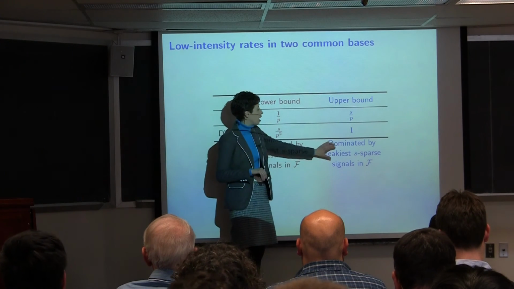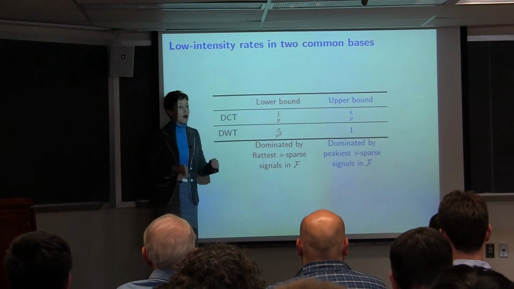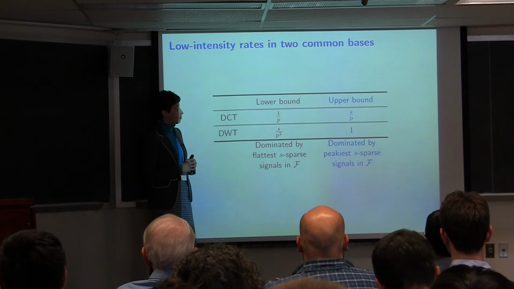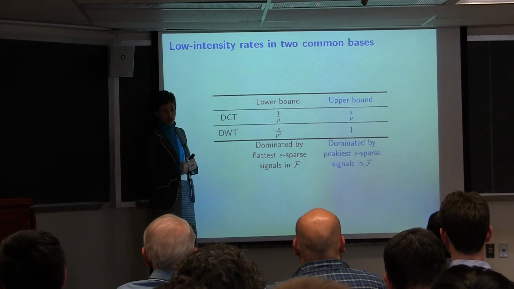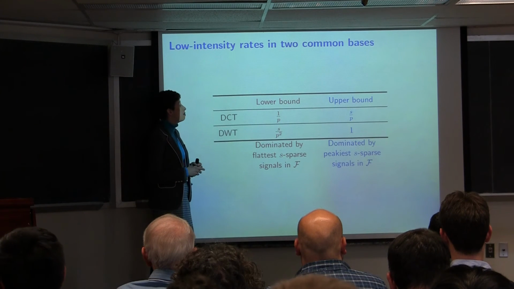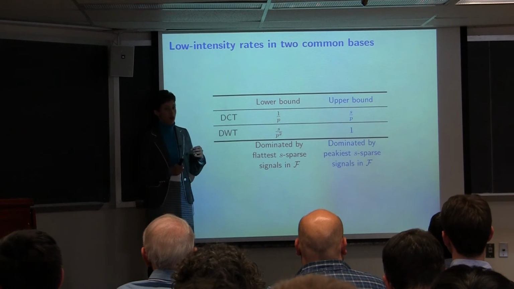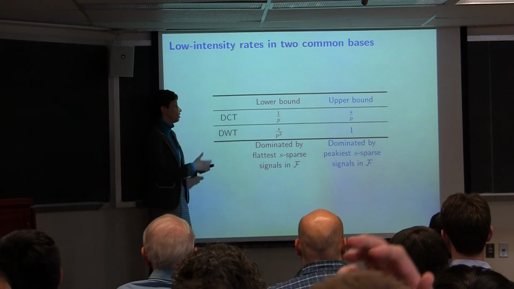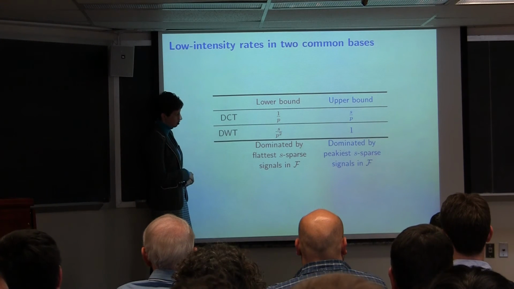And similarly, the upper bounds are dominated by how peaky we can make our functions, given that they have to be S-sparse in our sparsifying basis D. So with some bases, it's much easier to approximate a delta function while being S-sparse than others. And so it's easier to build peaky signals than others.